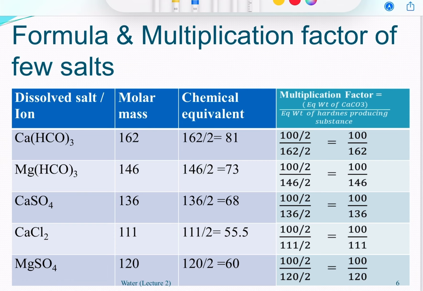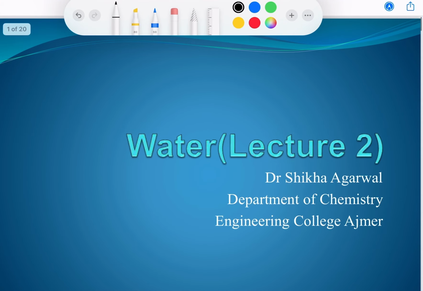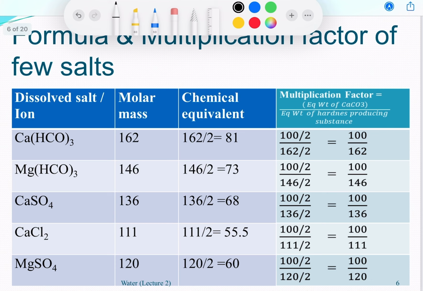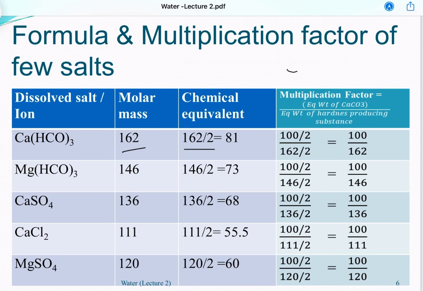See, calcium bicarbonate, the molar mass is 162. So the equivalent weight will be 162 by 2 and the multiplication factor will be 100 by 2 divided by 162 by 2. You need not learn all these, because when you do the numericals, you will automatically understand.